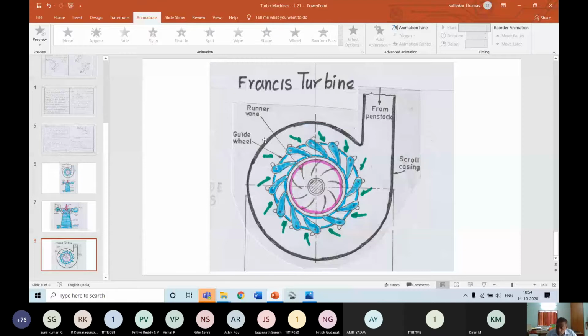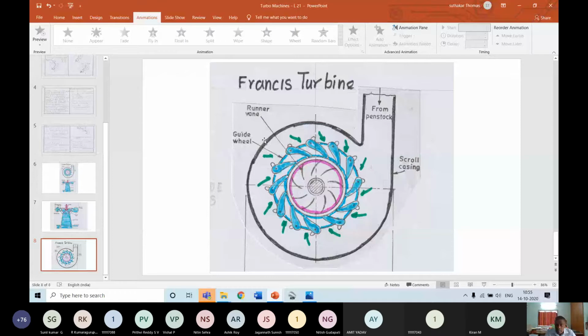So this will be sensed by the governor, and the governor will reduce the flow rate. Okay. Similarly, when suddenly more people are using, or the load is more, or sometimes on the inlet side, the head on the turbine could reduce. When the head reduces, the speed will come down.